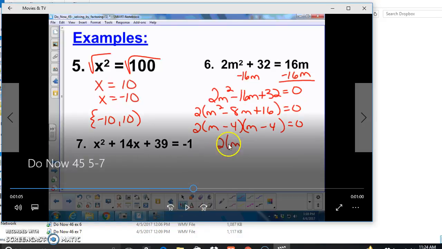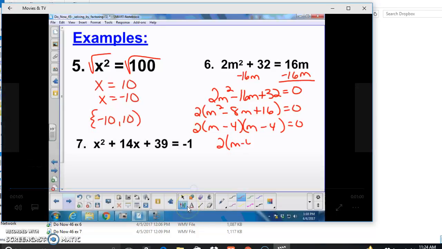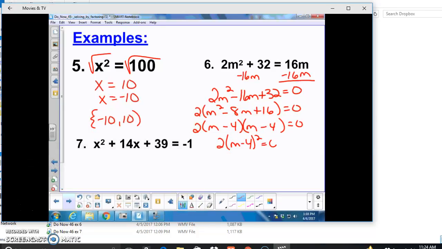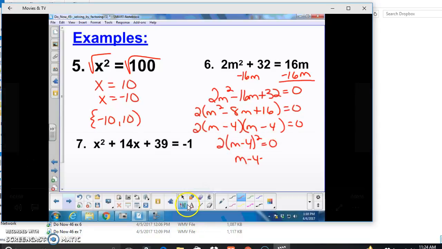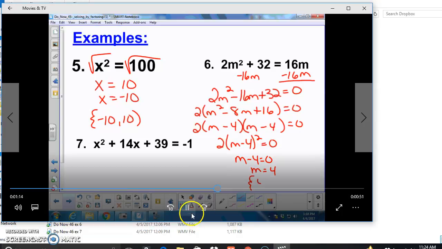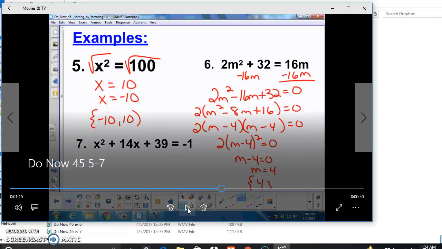And if you do -4 plus -4, you get -8. -4 times -4 gets you 16. So we're going to break this down to 2 times m minus 4 squared. So since this is the same factor, we will only have one answer to this. So we'll have m minus 4 equals 0. Add 4 to both sides, and our solution is 4.